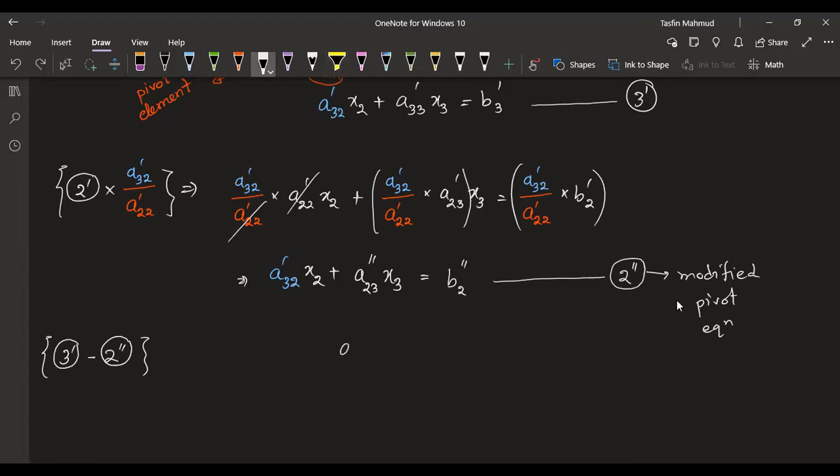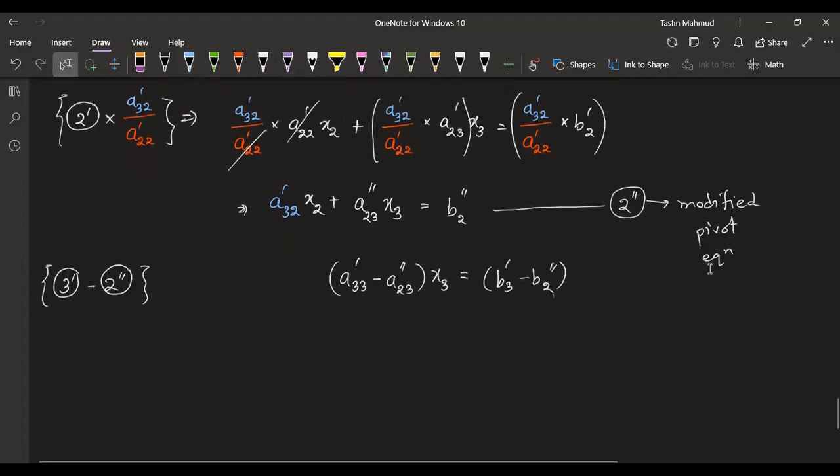That's a33 prime minus a23 double prime with x3, and the constant would be b3 prime minus b2 double prime. So we can write this coefficient as a33 double prime x3. It would be equal to b3 double prime. We can name this equation as 3 double prime.